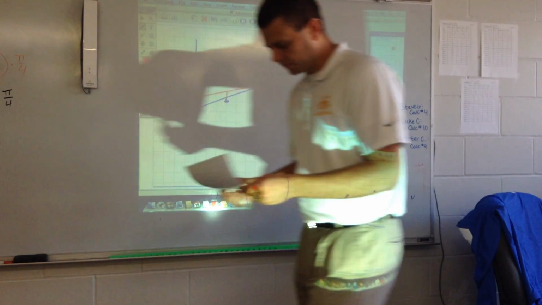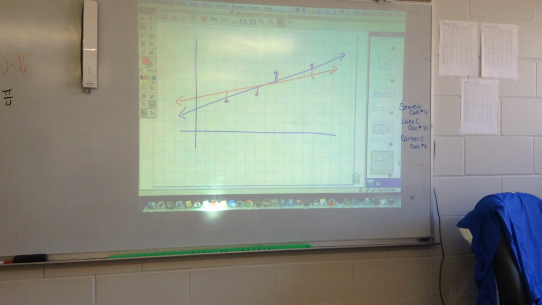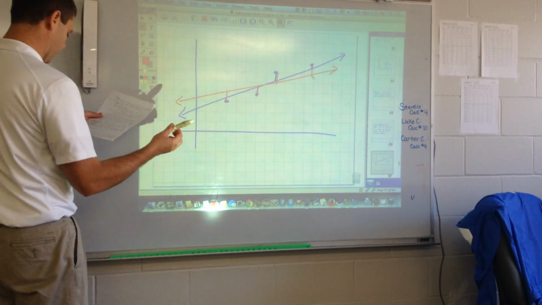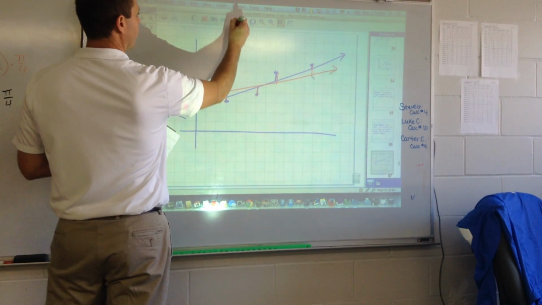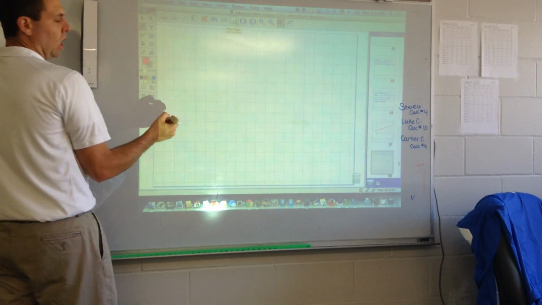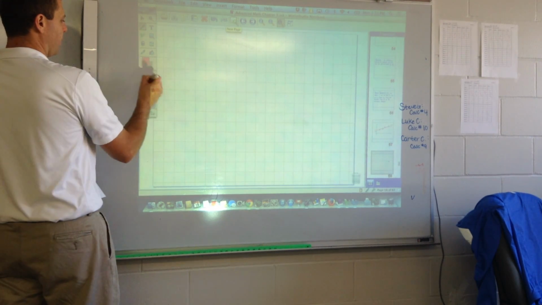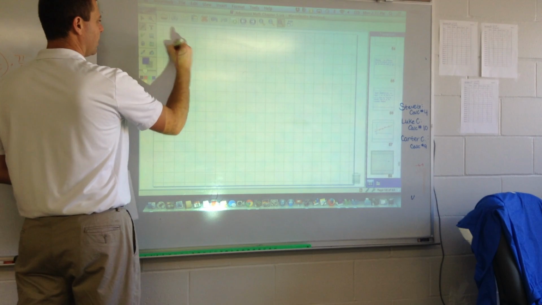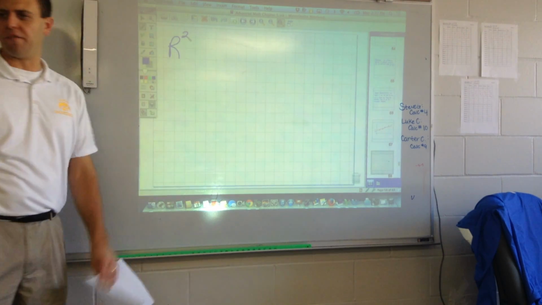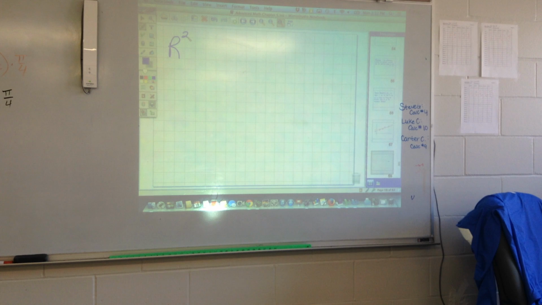All right? And then one last term here for you for today. When the R value shows up on your screen, you also see an R squared value.